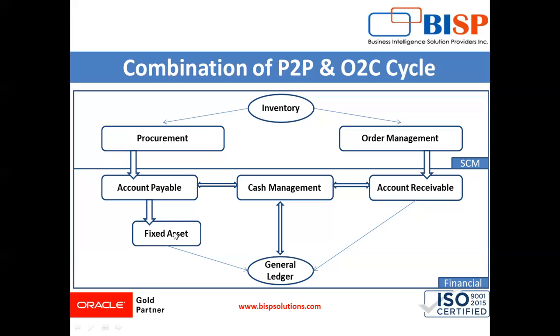And the accounts payable department will share payment related information with the cash management application. The cash management application will do bank statement reconciliation. Then they will maintain the bank account also. And at the last, all related data we share to the general ledger application.